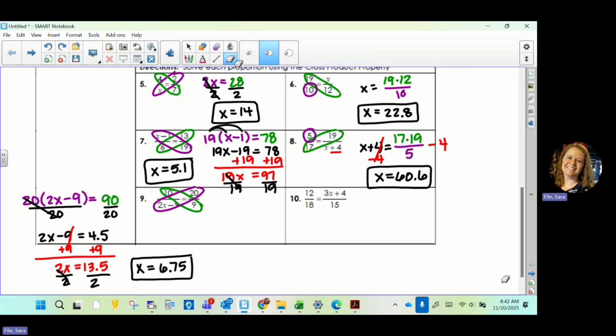All right, so this last one I'm going to do in the method like I did on the right, where I kind of just did it all at once. So I'm going to multiply the two numbers that are diagonal, 12 and 15. I'm going to divide by the third number that's solo. And then I have to do, like I said, that's going to be equal to the 3x plus 4.